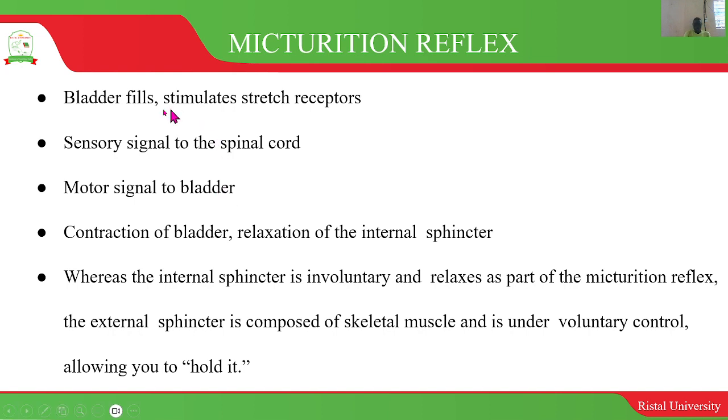It's actually controlled by this particular reflex. But the external sphincter is composed of skeletal muscle, so that means you have the power to control urine. You can control urine for some time because it is under voluntary control.